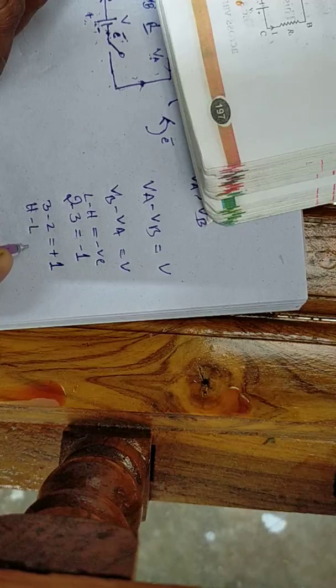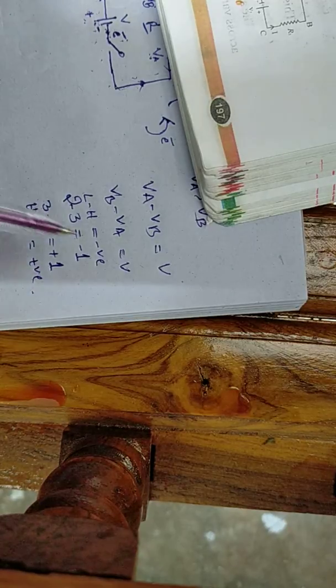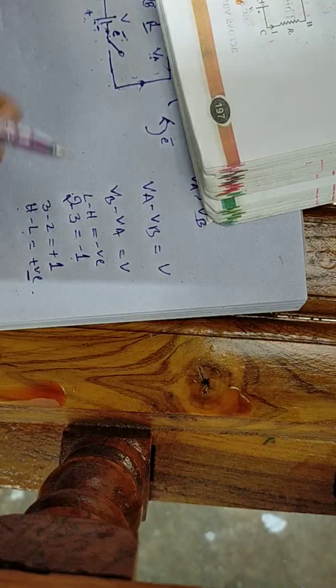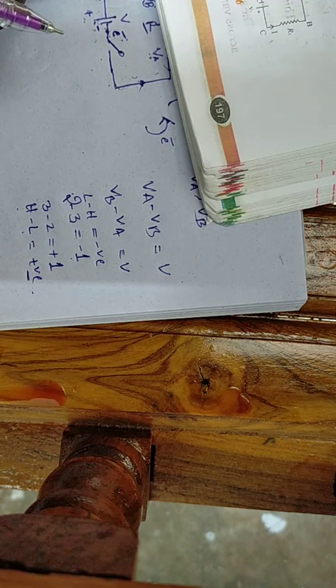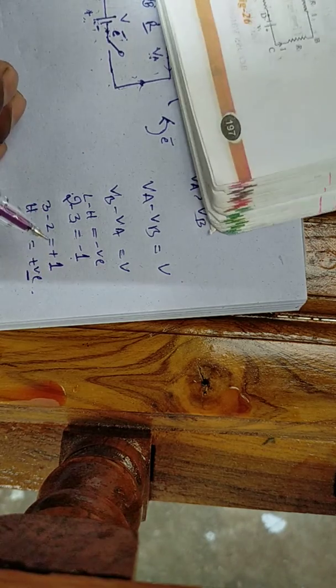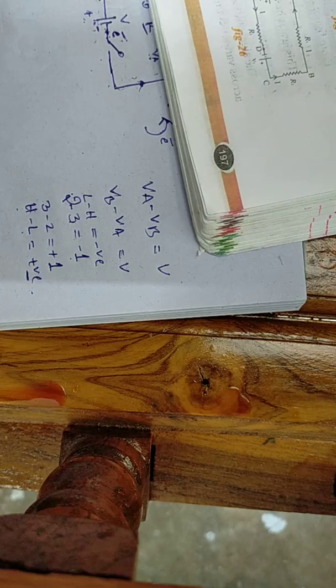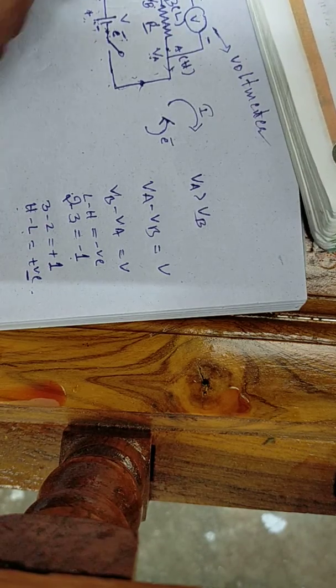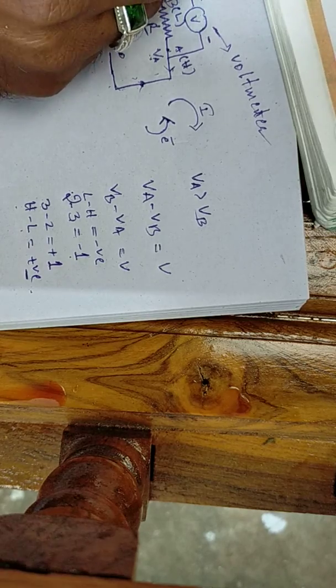Low value minus high value, you will get negative. High value minus low value, you will get positive. Now, whatever the sign convention given in your textbook, I am drawing that also. So we have to follow the sign convention. This is about sign convention.